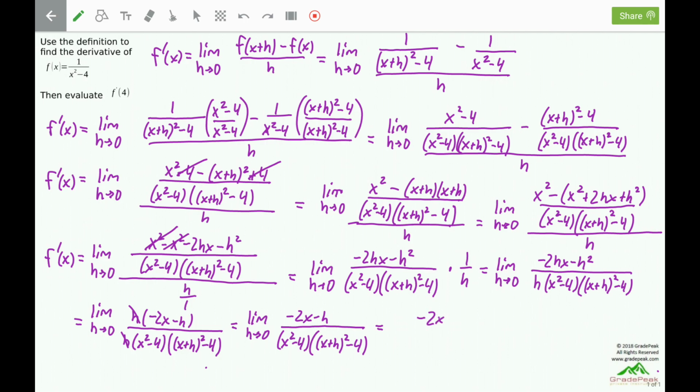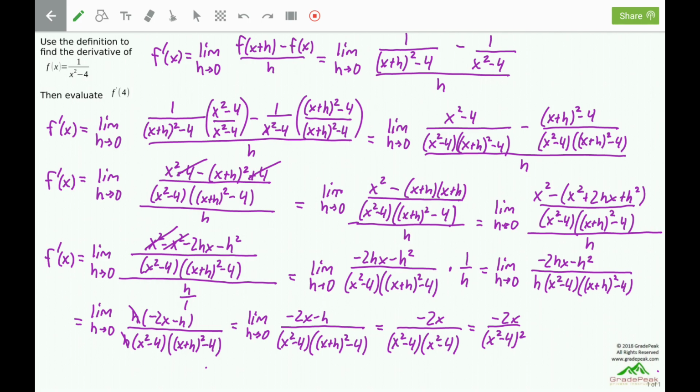In the numerator, that'll give us a negative 2x. In the denominator, that will give us x squared minus 4 times, now x plus h, with h being a 0, will just be an x. So that will be also x squared minus 4. And we have a negative 2x over x squared minus 4 squared.